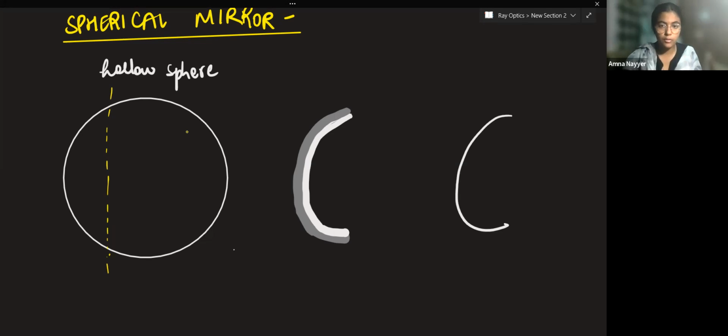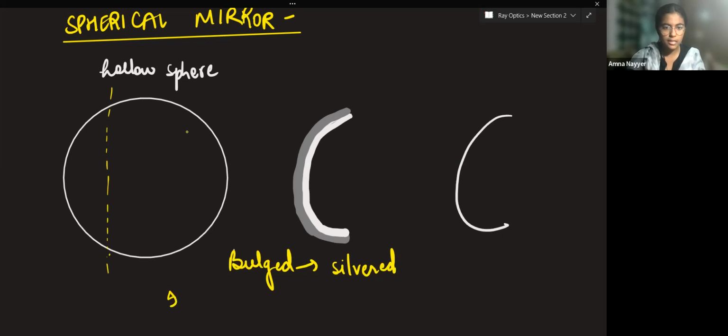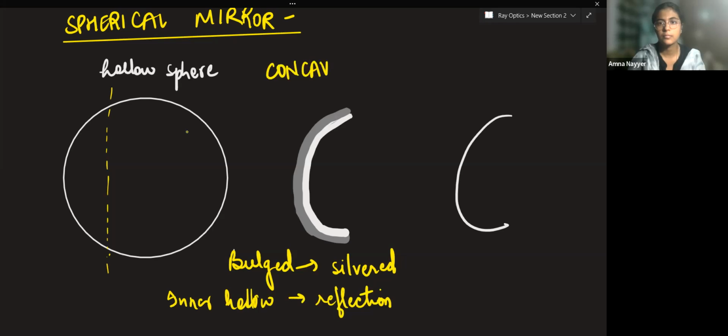So a mirror in which the bulged part is silvered and the inner hollow acts as the surface for reflection, this type of mirror is known as a concave mirror.